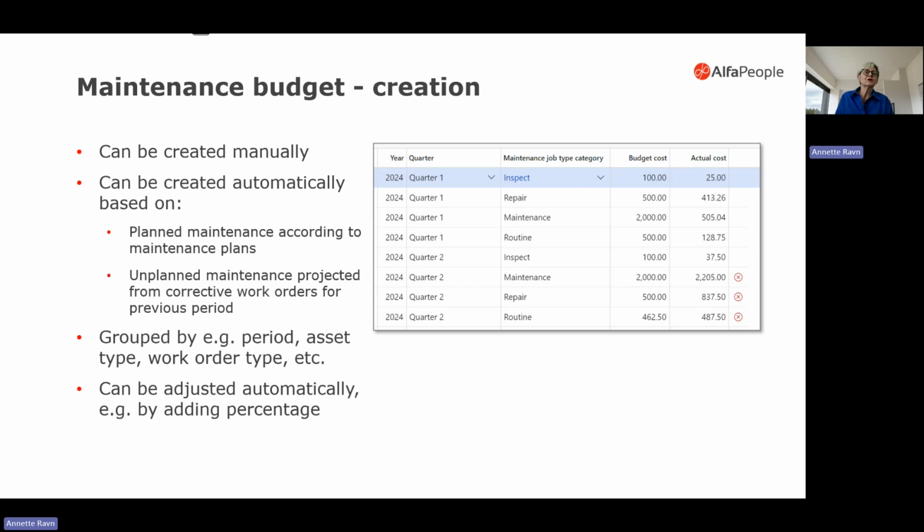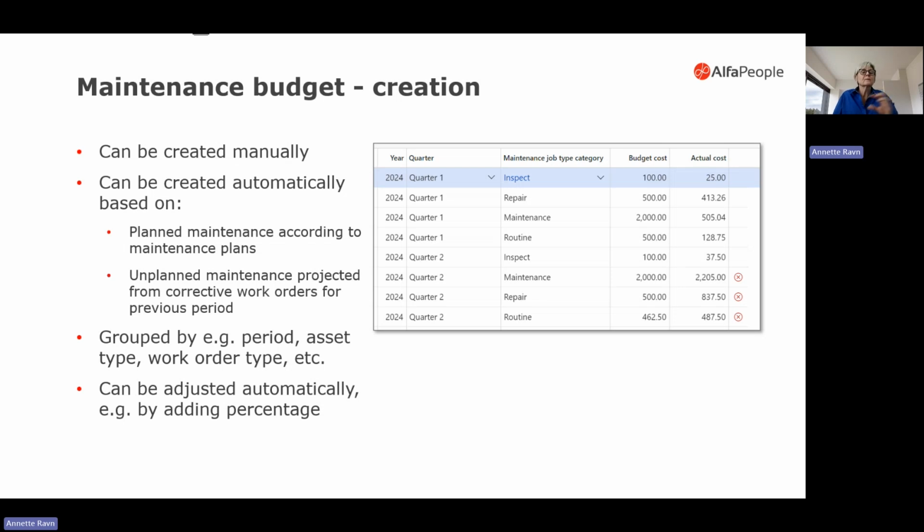The maintenance budget can be created manually, or you can create it automatically. And when the system creates it automatically, it creates it based on two things. It creates it based on the planned maintenance. So you have all your maintenance plans set up. We know the forecast for each job that we need to do, and we know the frequency in which we need to do it.